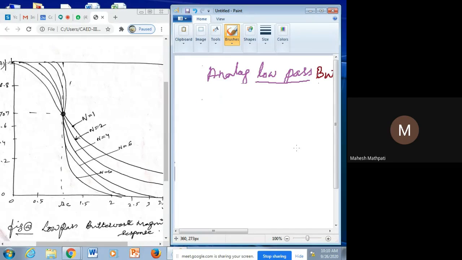This we will understand, these sentences are clarified after solving the examples.